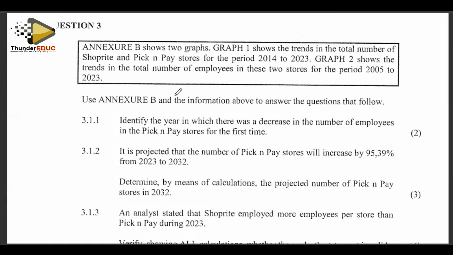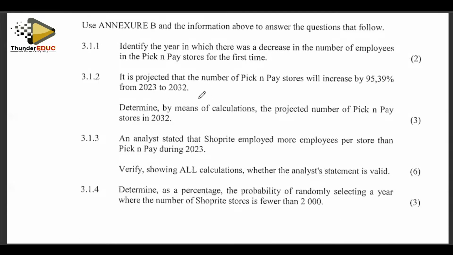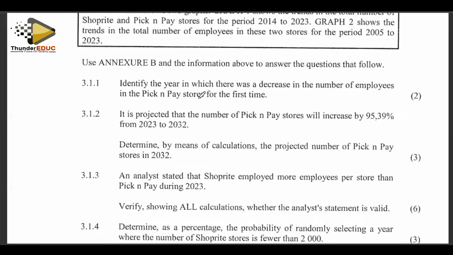Graph 1 shows the trends in the total number of ShopRite and Pick and Pay stores for the period 2014 to 2023, and graph 2 shows the trend in the total number of employees in these two stores for the period 2014 to 2023. So here we say, use Annexure B and the information above to answer the questions that follow.